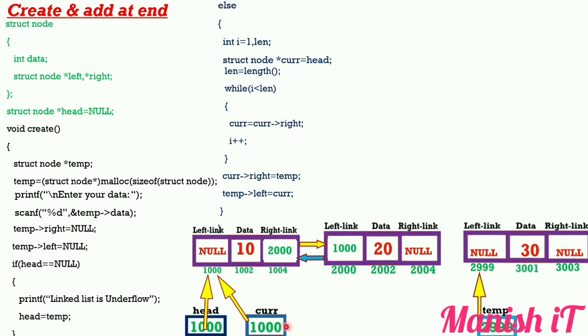Current to right is initially 2000. When 2000 is stored, it stops pointing here and starts pointing here. Now i is incremented by 1, so i becomes 2. Is 2 less than 2, since length is 2? The condition is not satisfied, so the condition fails and it exits the while loop.